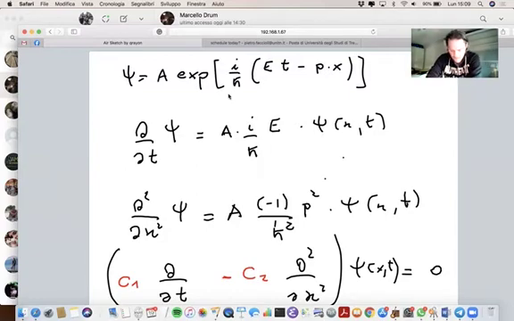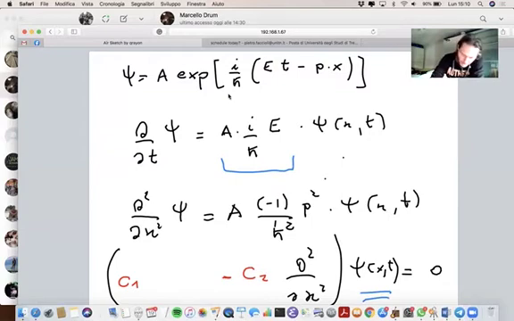Now, let's focus on this. First of all, let's look at this term here. What I'm going to do is replace it with this term here. Psi goes already on the way to here, so I don't need to copy it inside. I'm going to write i over h bar E. I should write also a, but a is going to appear the same in the next term, and it's going to cancel out.